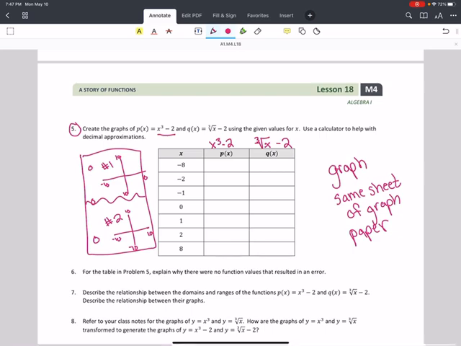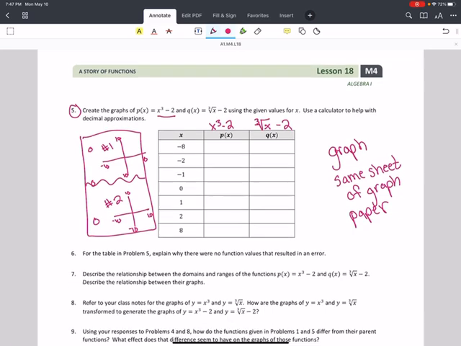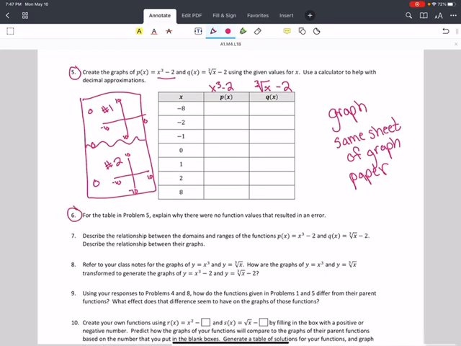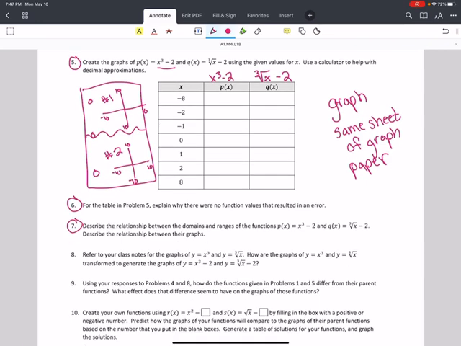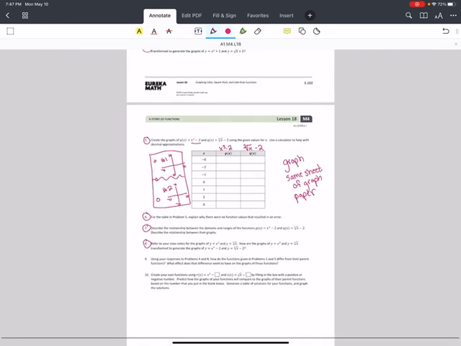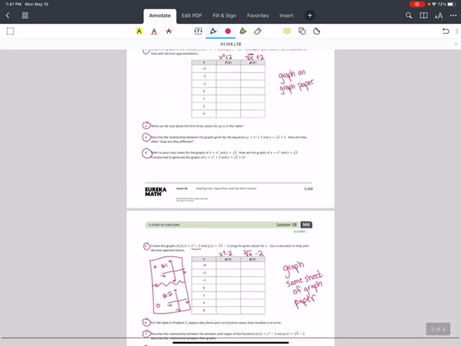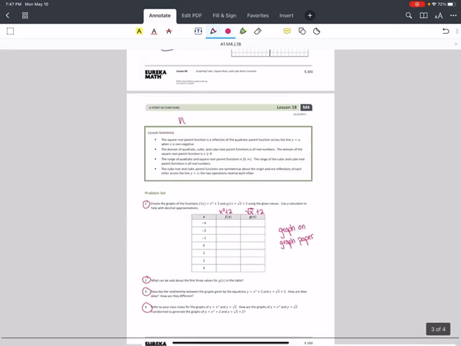And then I want you to do number 6, number 7, and number 8. Okay? So you are doing 1 through 8, and you are doing graphs by hand. It'll be good for you on number 1 and 5.